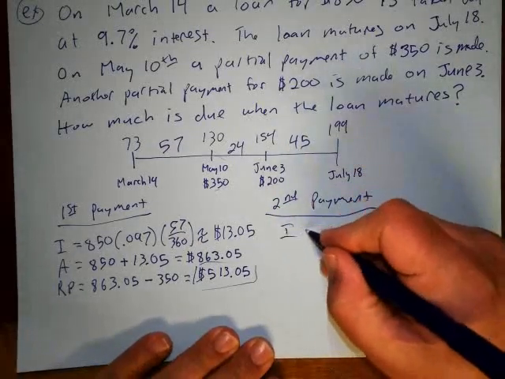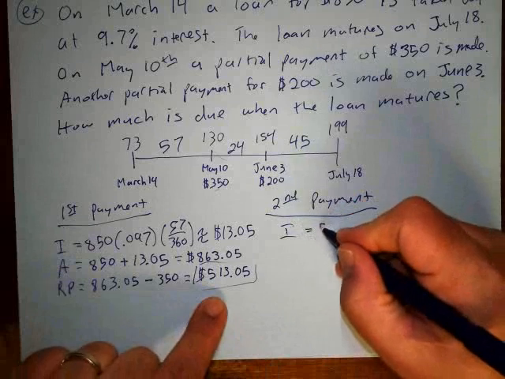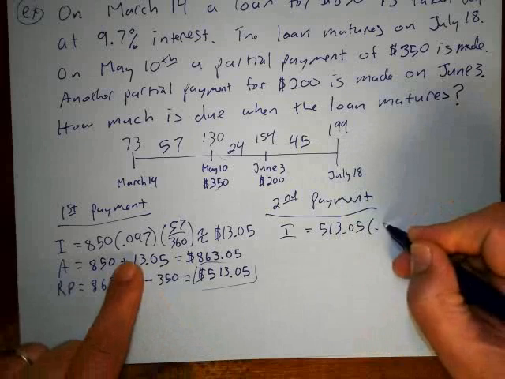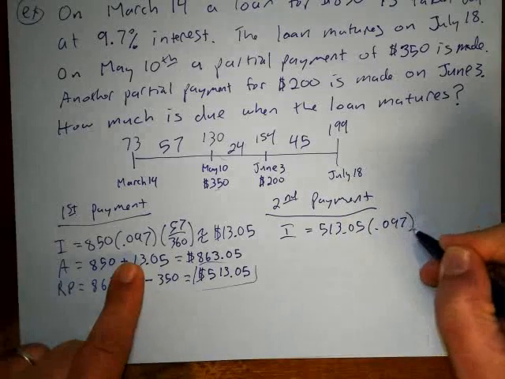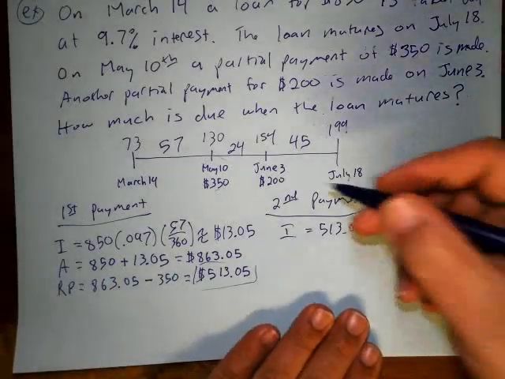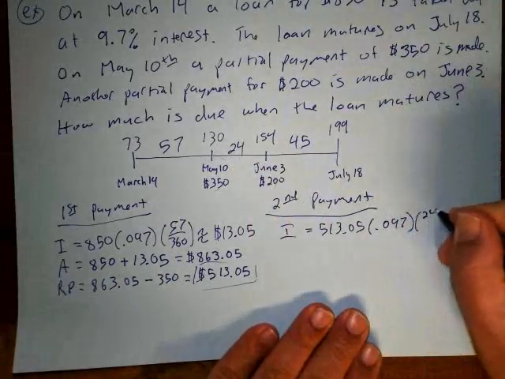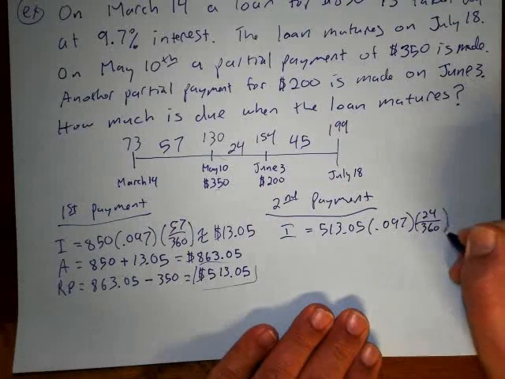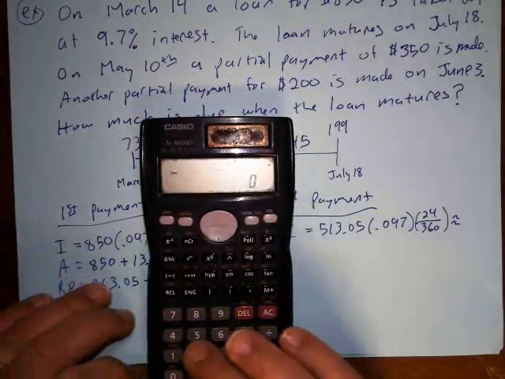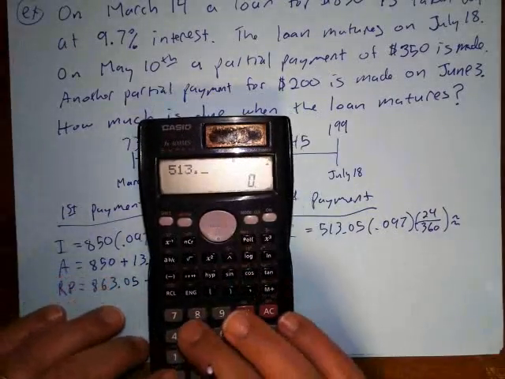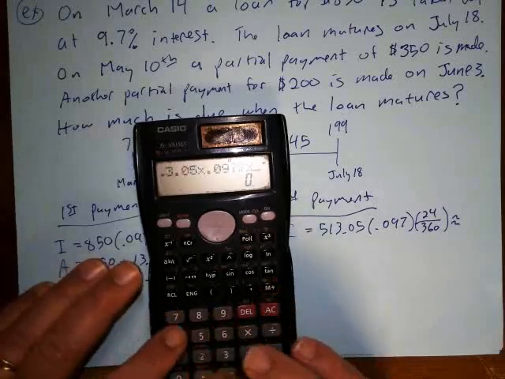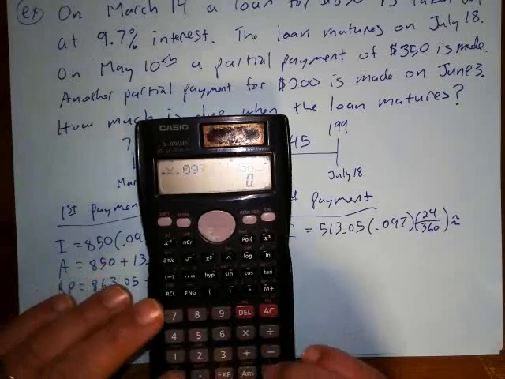Okay, so then I have my second payment. And so when I calculate the interest, I have to use the remaining principal, okay, at 0.097, 9.7%. And this time only 24 days, so 24 over 360. Okay, so 513.05 times 0.097 times 24 divided by 360.